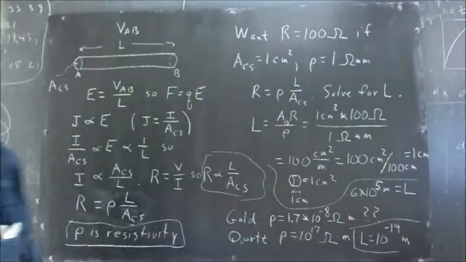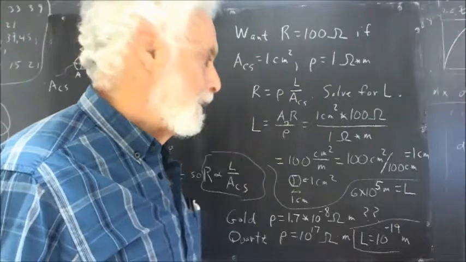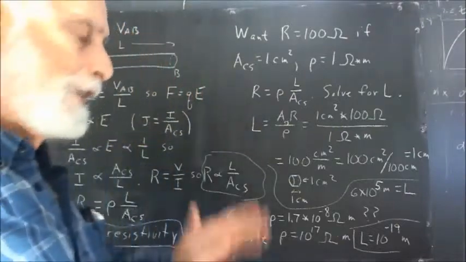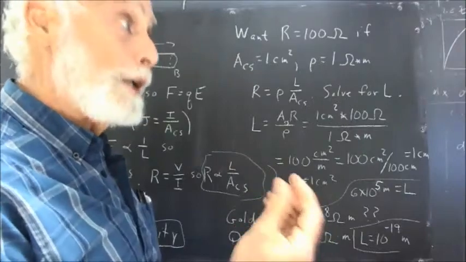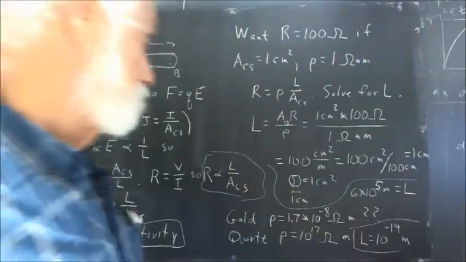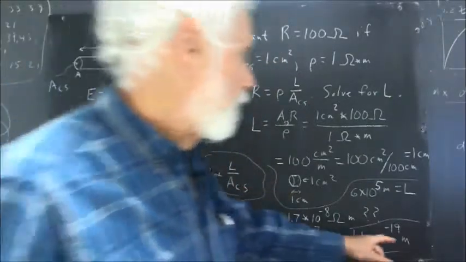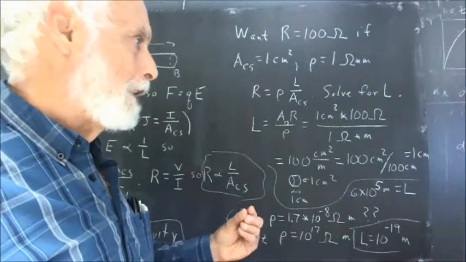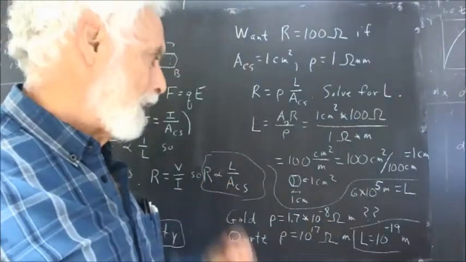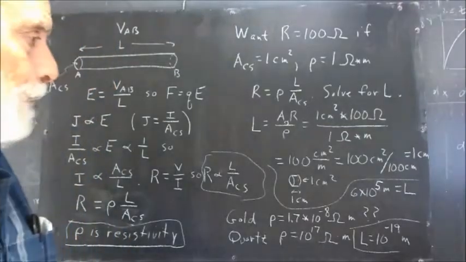That's impossible. 10 to the negative 19th meters is a billion times less than the diameter of a typical atom, a small atom. And you're not going to get a silicon cylinder of this thickness. It's going to be a billion times thinner than anything that could be manufactured out of atoms.